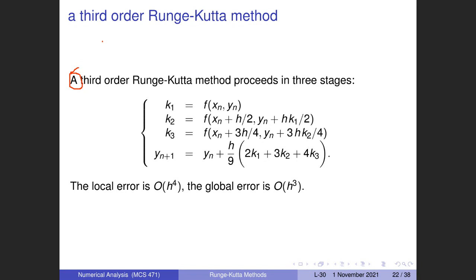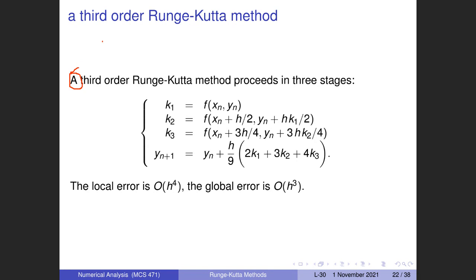Simpson's rule would need the point Xn+h, because that would lead again to an implicit method. So we do not really have Simpson's rule here, but we have a 3-point method.